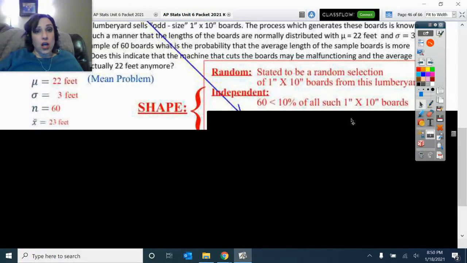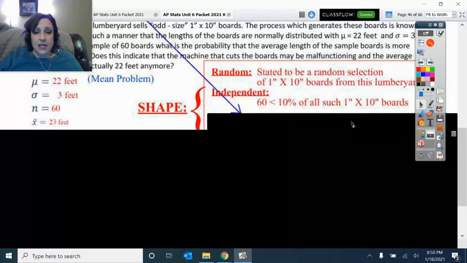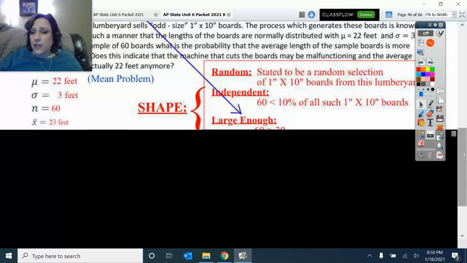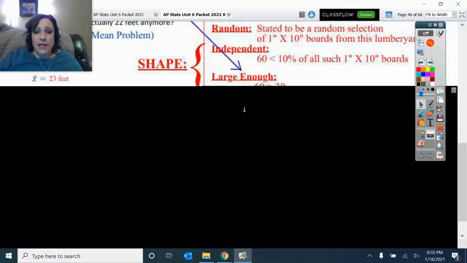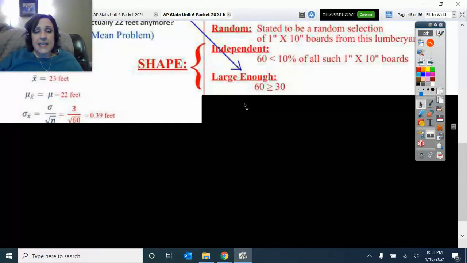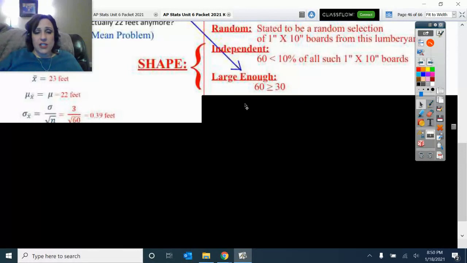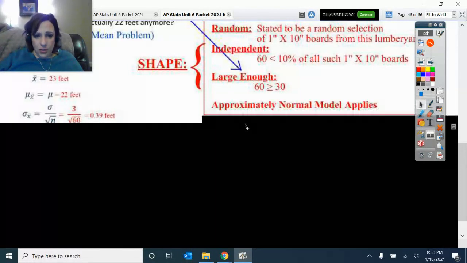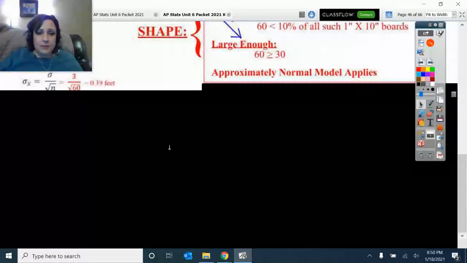Okay. Large enough is tricky because it all depends. Mean or proportion. For means it's 30. So in our case, 60 is greater than or equal to 30. So the nearly normal model applies, or approximately normal model applies. All right, that's the shape.